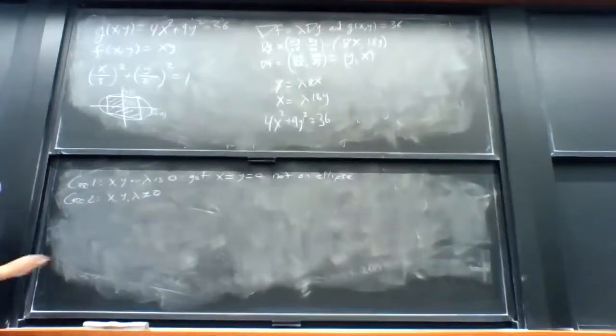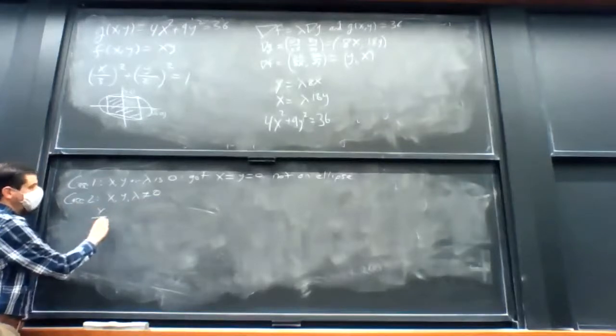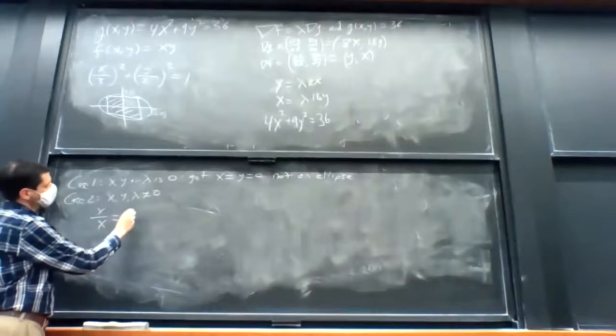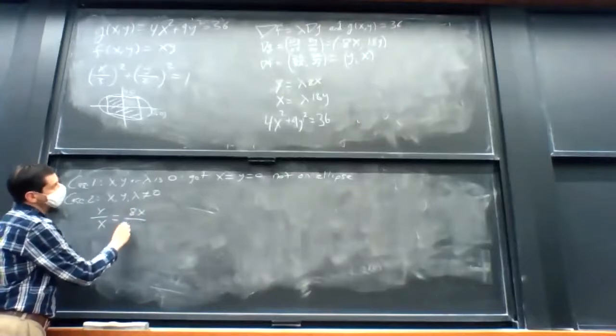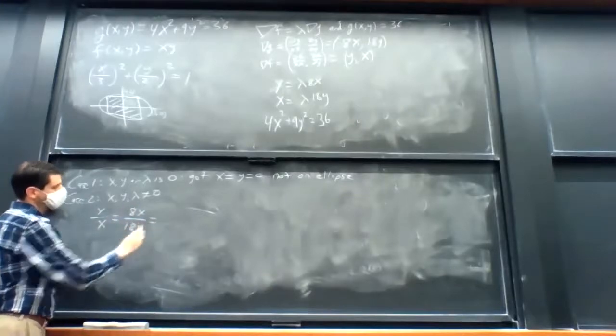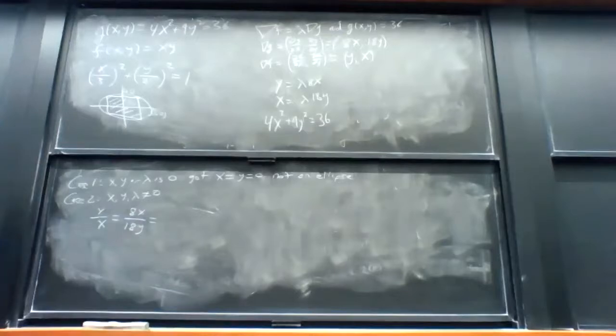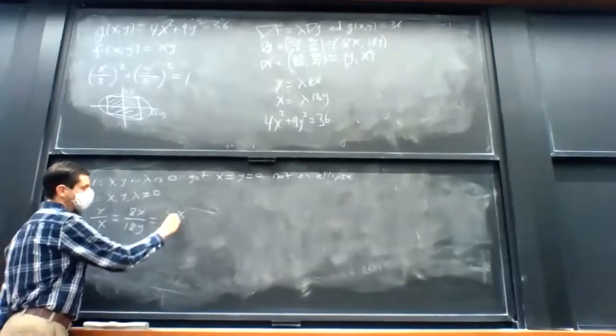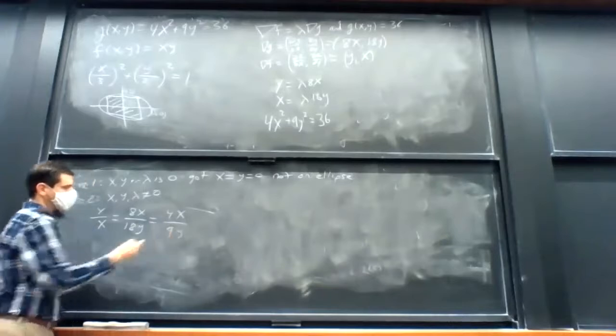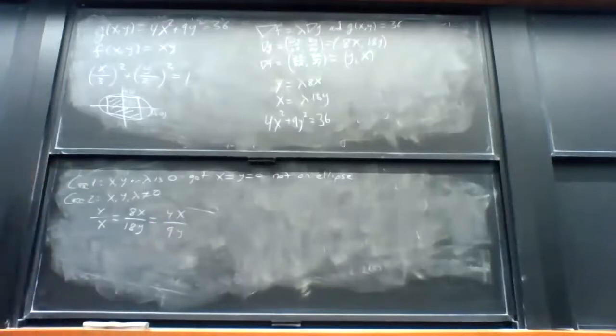Now when we divide, we get y over x is 8x over 18y. Well, we can simplify 8x over 18y a little bit. That's just going to be 4x over 9y. Any thoughts when you have y over x equals 4x over 9y?